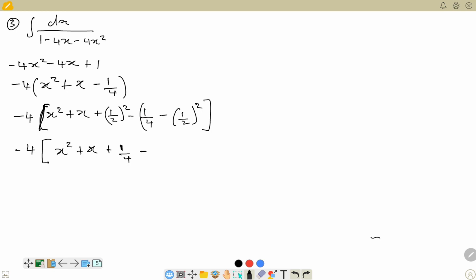Now we need to work out this here. We can do it on the side. It's more like we have negative 1 over 4 minus 1 over 4.